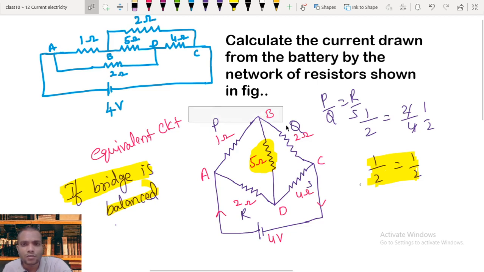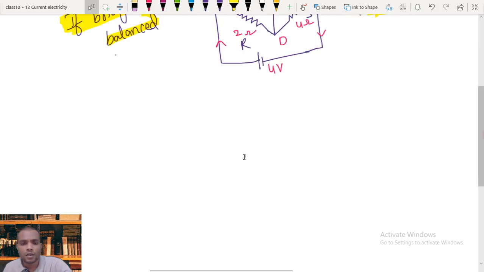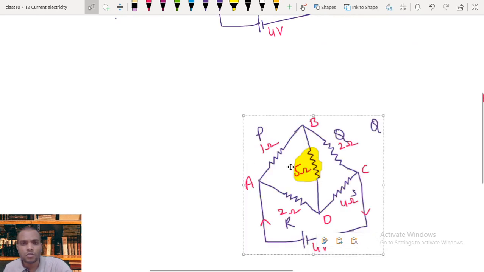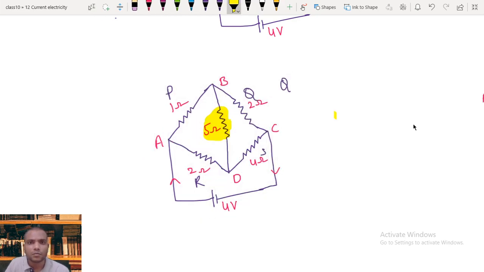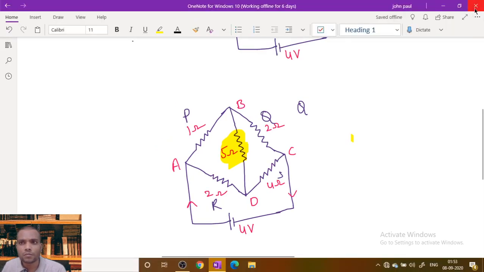Now in that case, this circuit will change. I will remove the arm BD, since the bridge is balanced.